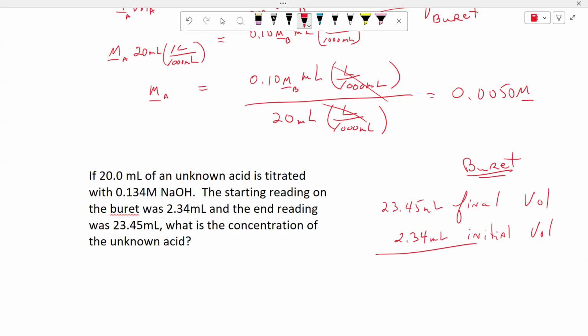Now, many people like to start at 0 on the top of the burette. You don't have to. It makes this subtraction trivial. But you don't have to. Some people don't. Whatever the volume is you start with, they don't care. And then when they finish at the equivalence point, the end point with the indicator, they just subtract the two.